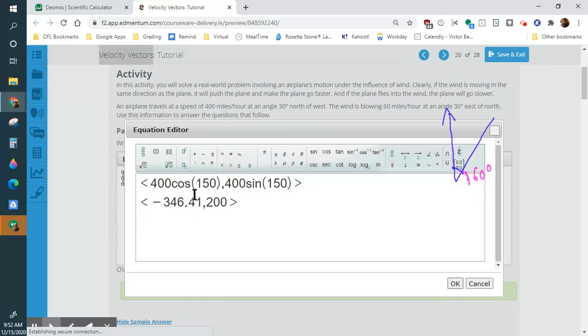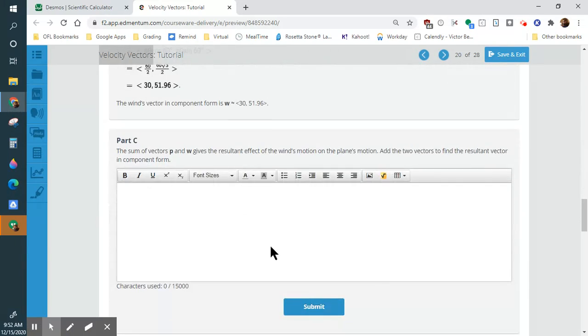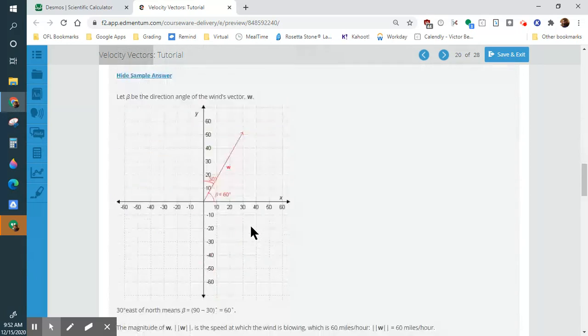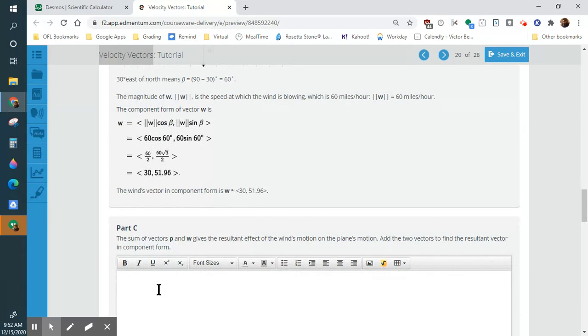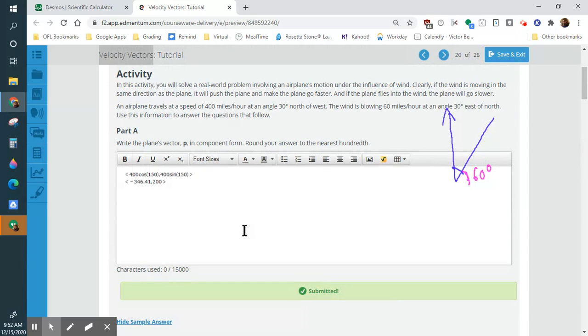Because I use equation editor, unfortunately I have to do it this way. Paste that there. Oops. No, of course. Why would it make it easy on me?